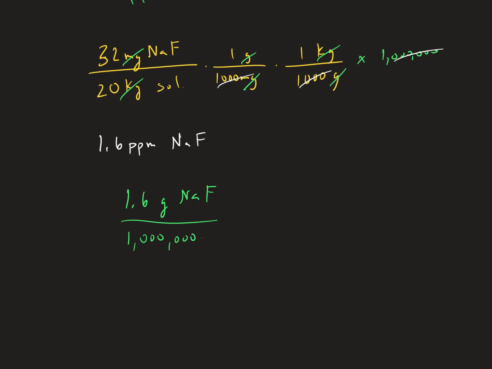One million grams of solution. Is that right? 1.6 parts per million. And then if we put it in our formula, multiply it by 1,000,000, and it goes away, and we have what? 1.6 parts per million. Good?